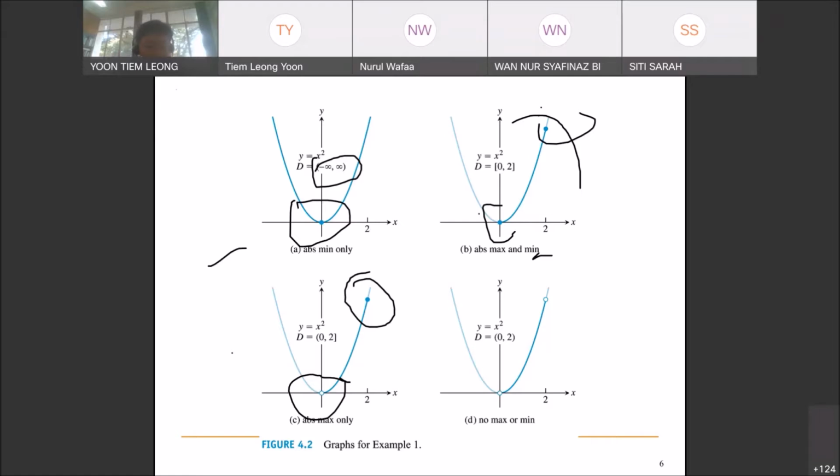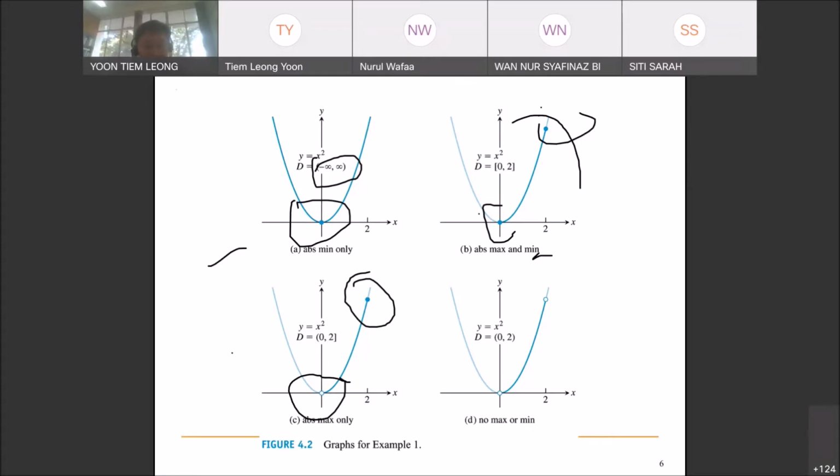So the domain of this function is from 0 to 2, 0 not included, 2 included. In this case, the function is x squared, and it has an absolute maximum, but it doesn't have an absolute minimum. You cannot say 0 is the absolute minimum.